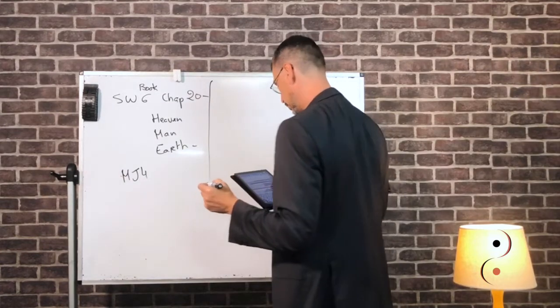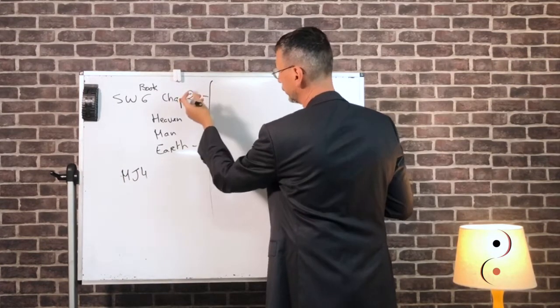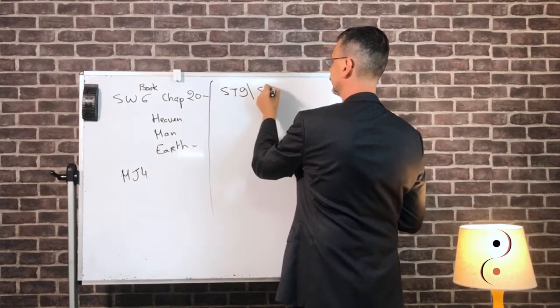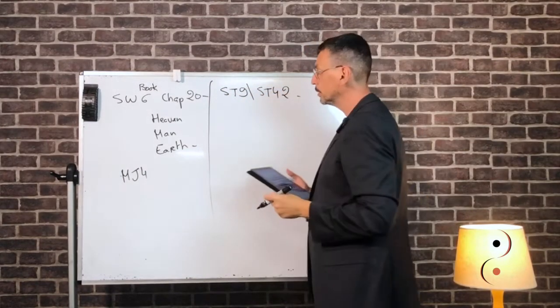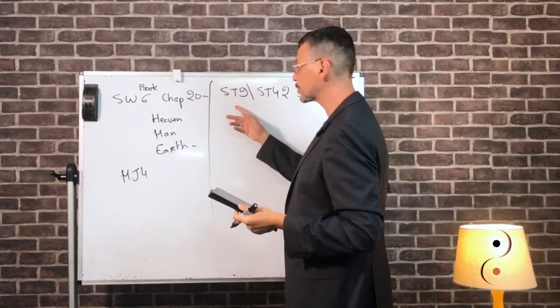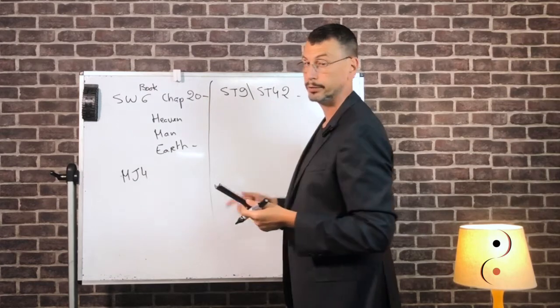You also have the pulse of what we call, when we compare stomach 9 and stomach 42, which allows you to understand how the energy is produced and distributed in the body.